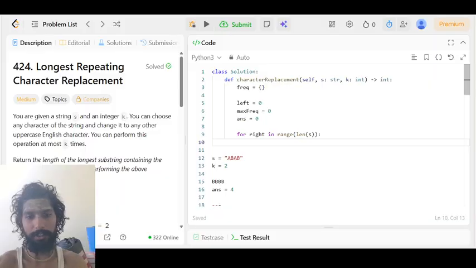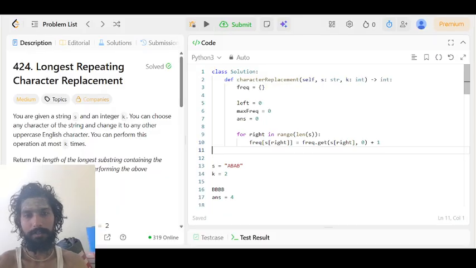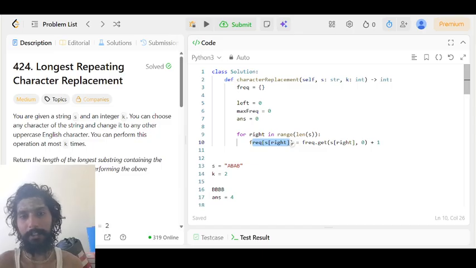Then we increase the frequency of the element we are on. So the frequency of the character at the right index should be frequency.get: if it is in the dictionary, give me its frequency, else give me 0 if it is not there, and increase that by 1.